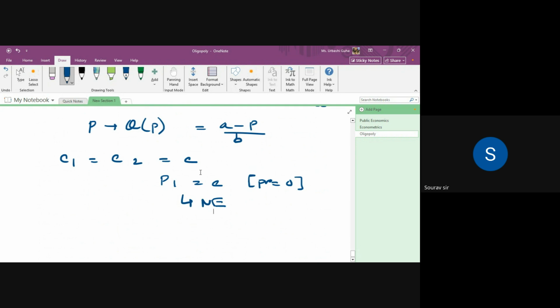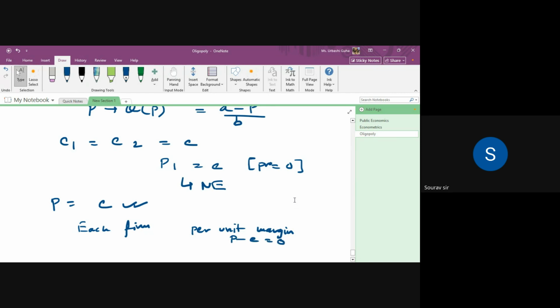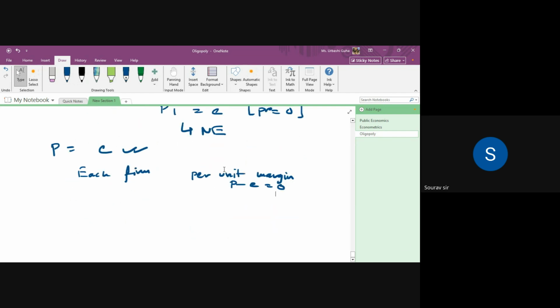So suppose how we will do the proof, just see it. We will set both P equal to C. That means each firm's per unit margin, P minus C, is equal to 0. We have to understand everything, correct? Whatever quantity it sells, profit is 0.